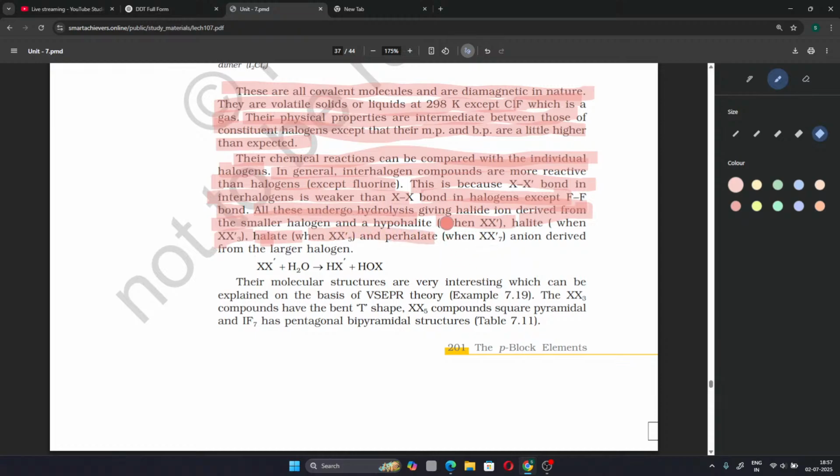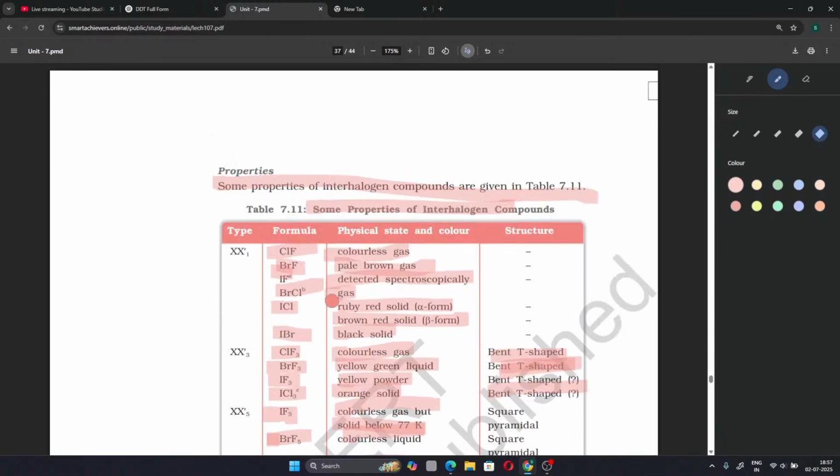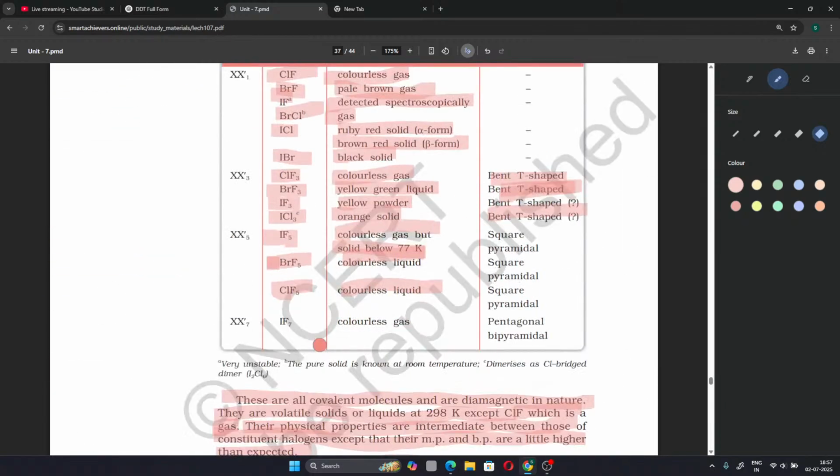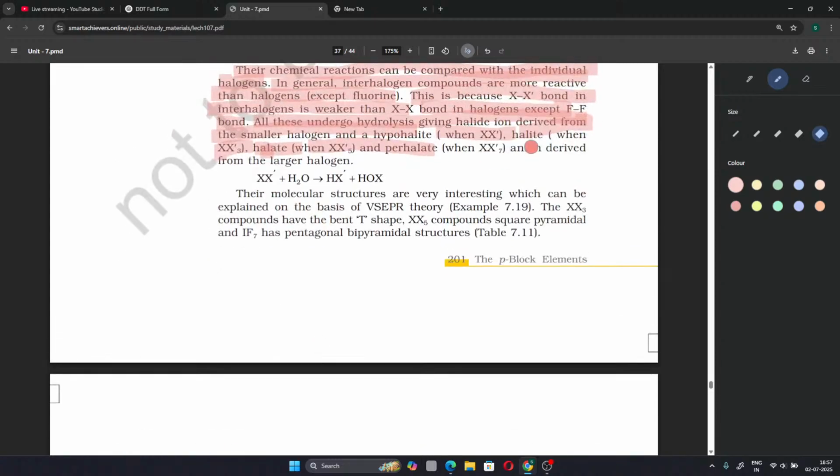These are basically the oxoacids we saw earlier: perhalic, halic, halous. XX' plus water gives HX' plus HOX. This is the hypohalite.